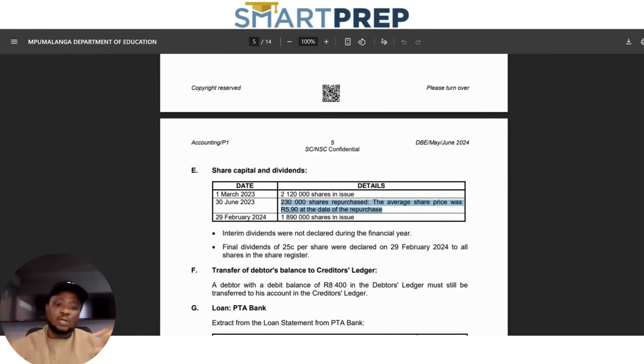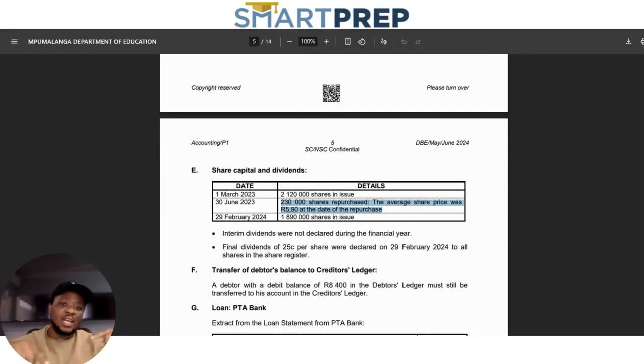Now, it says that we must transfer that account to the creditor's ledger. This can happen in a situation like this. You can see here that this person is in the debtor's ledger and they're also in the creditor's ledger at the same time. So maybe you buy on credit from someone and they also buy on credit from you. Sometimes you deal with them as a debtor, sometimes as a creditor. In this case, we take this 8,400 that they owe and use it to offset against the amount that we owe them.